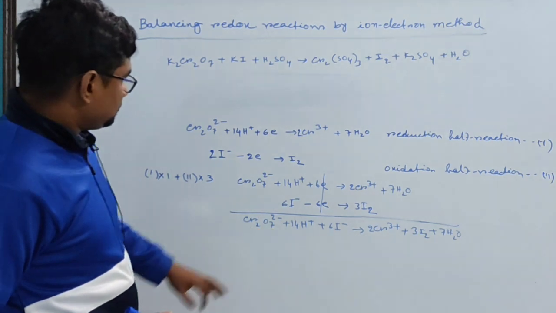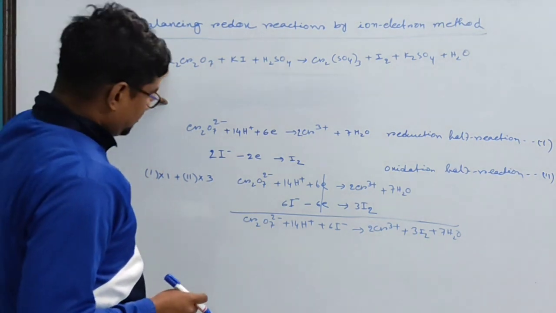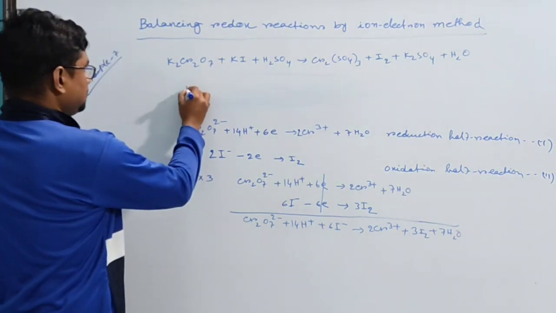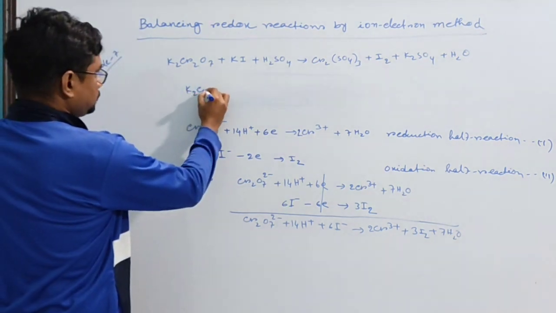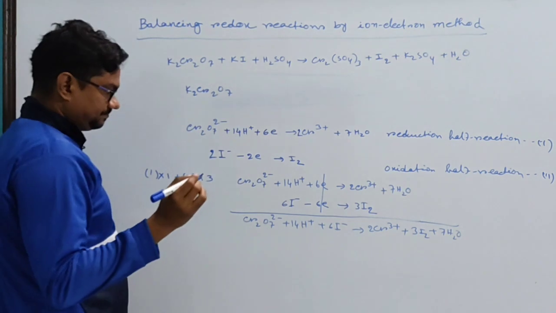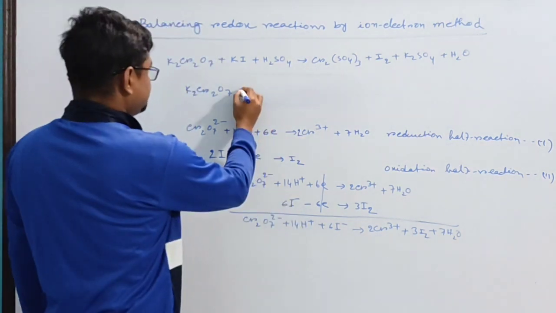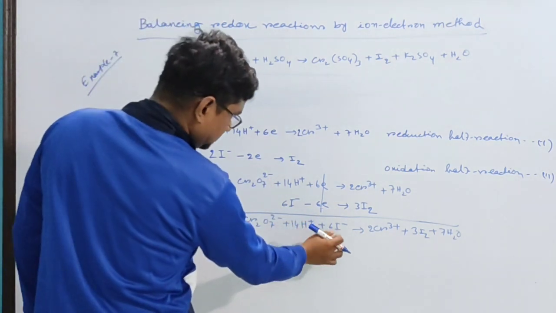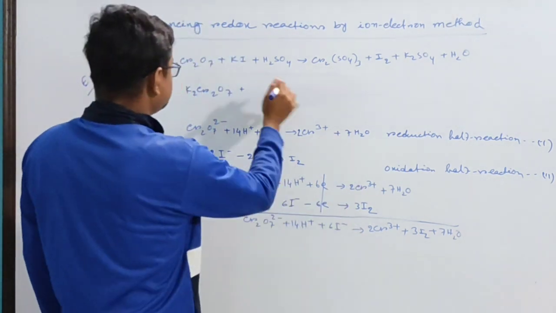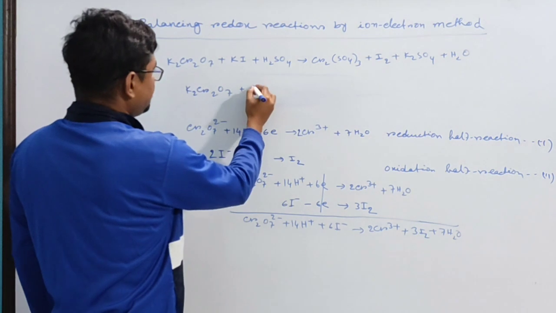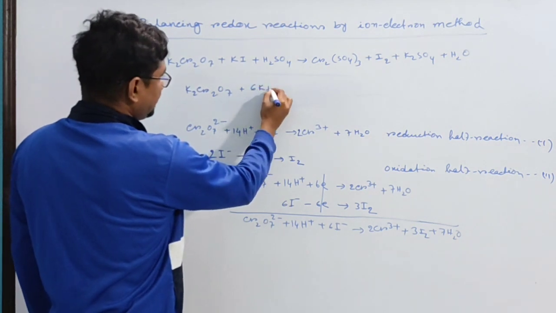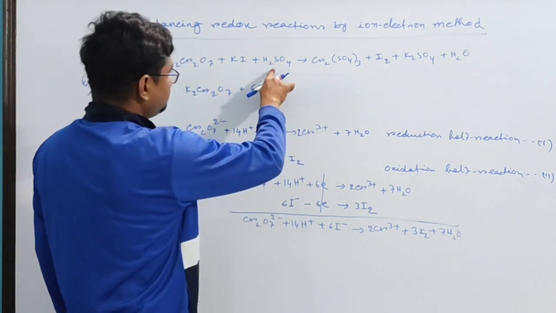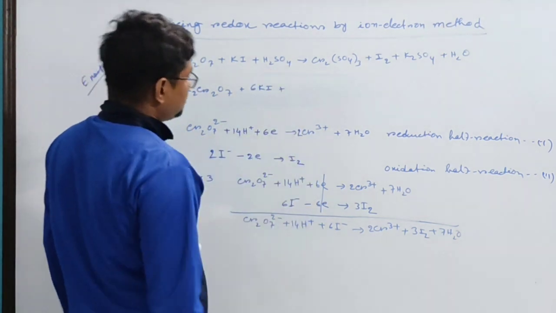Cr2O7 2 minus was coming from K2Cr2O7 and the coefficient is 1, so it will be K2Cr2O7 only. Then 6I minus. I minus was coming from KI, so it will be 6 KI. Plus 14 H plus was coming from sulfuric acid.